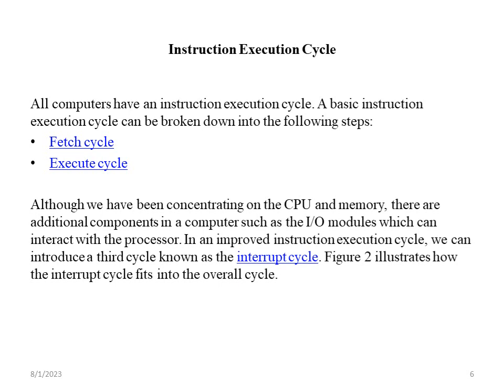But these two are very common and necessary for executing your instruction. There are additional components in computers such as I/O modules which can interact with the processor. In an improved instruction execution cycle, we can introduce a third cycle known as the interrupt cycle.